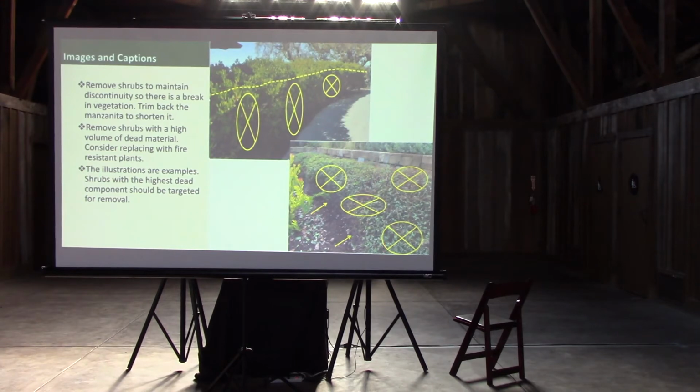It's got too much dead, let's take it out, let's get some new shrubs. Let's trim it down, let's get some new sprouting. Let's take it out and get some fire-resistant plants in there. There are some options, and we talk about those in the plan with specific captions.